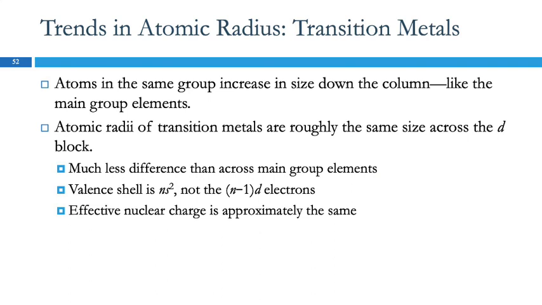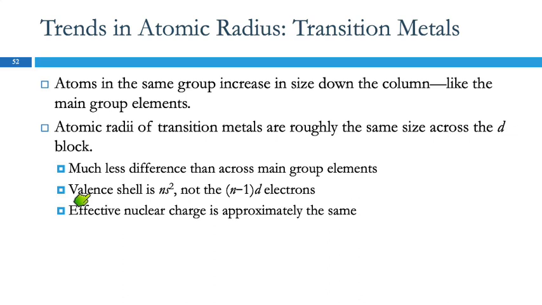Now, when you talk about the transition metals, those are the ones that like to violate lots of rules. If we're looking at the columns, they follow the trend. But if we look at the rows going across, then there's very little difference in the sizes.